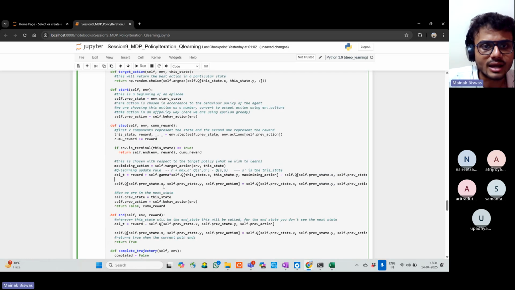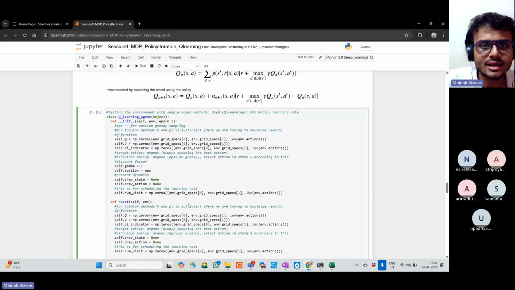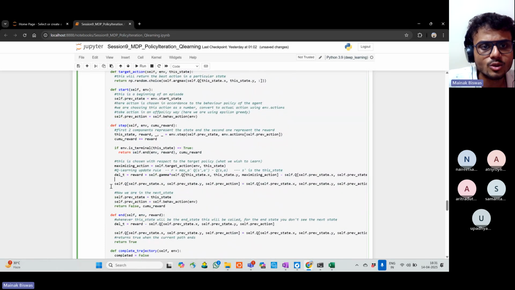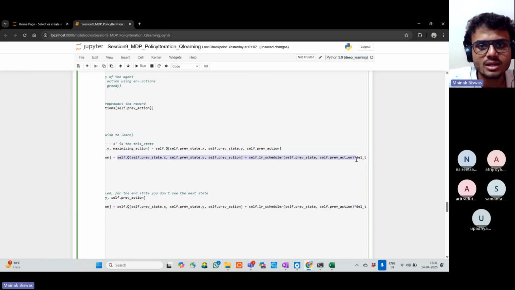And therefore I can update this equation, right? So I have got this delta t and I can just update, for the current state and action, the Q value of the previous state action plus the learning rate scheduler, which is number of times you visit that state and action, times the delta t. Is that clear to everybody?